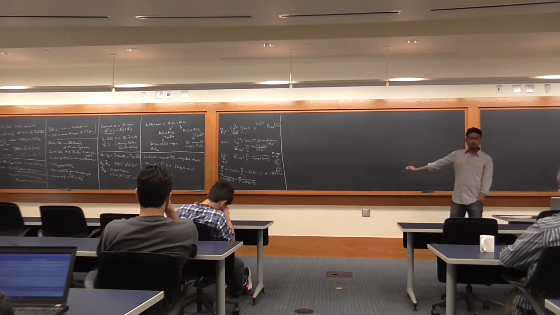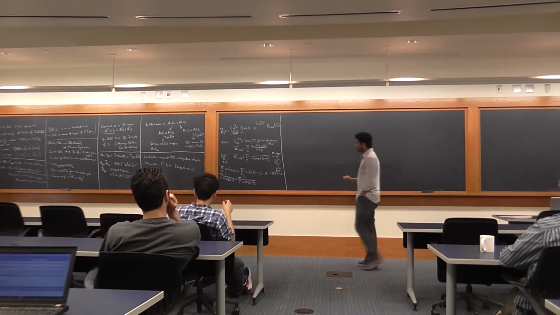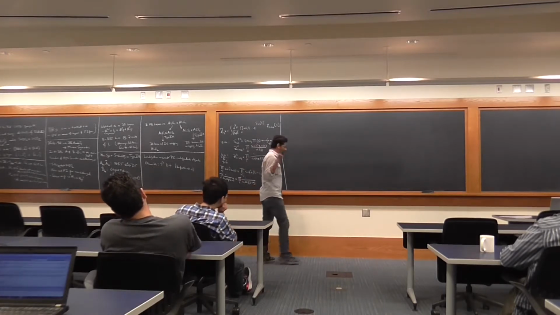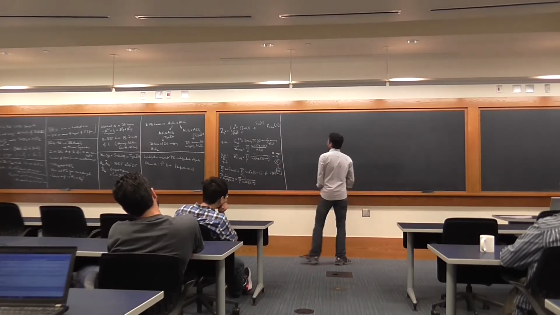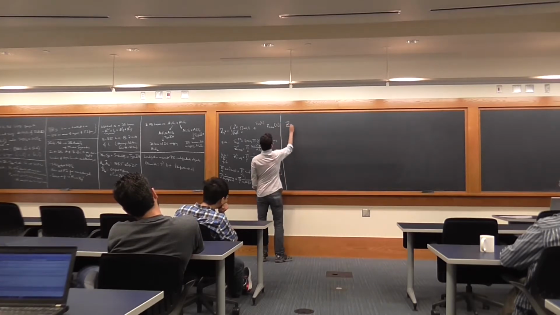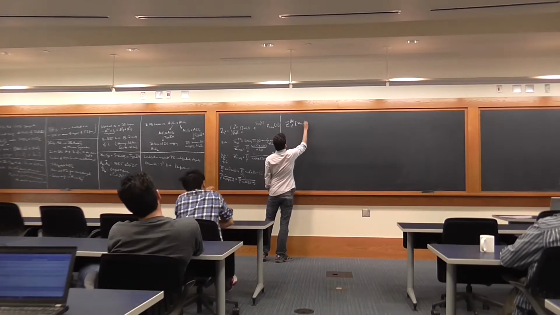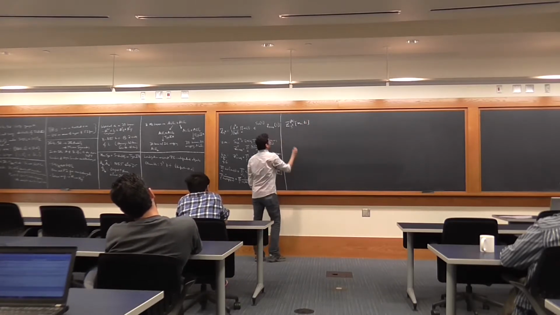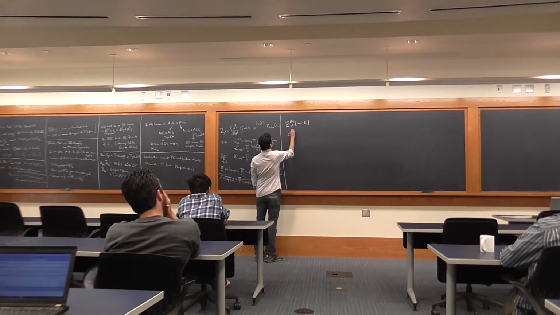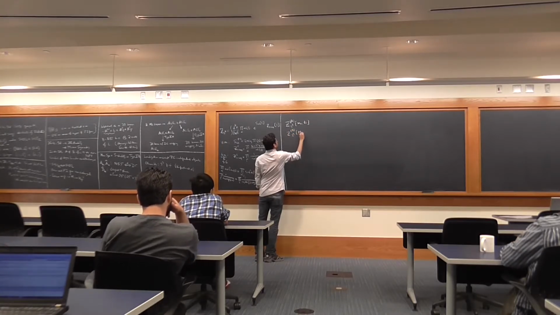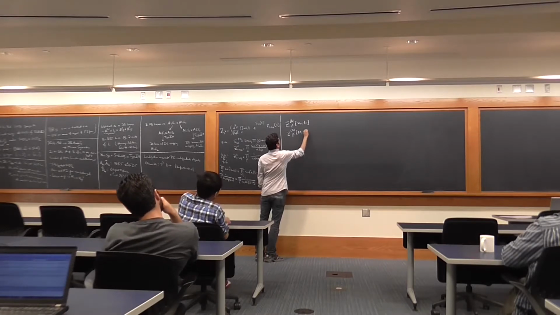Okay. So now, if I have a mirror pair, I can compute the S3 partition function of theory A on one side as a function of masses and FI parameters. And I can also do the same for theory B, again as a function of masses and FI parameters.